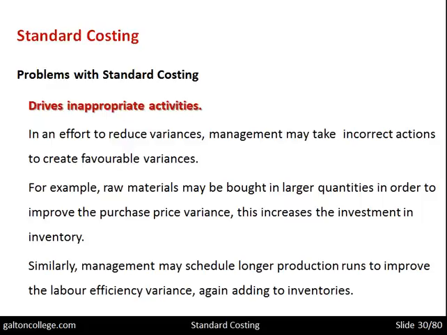Similarly, management may schedule longer production runs to improve labour efficiency variances, again adding to inventories. So depending on what the standard cost relates to, if it's going to be a lot different to the actual costs, then efforts on the part of management to try and correct for these variances may be counterproductive. They may be bad for the company.